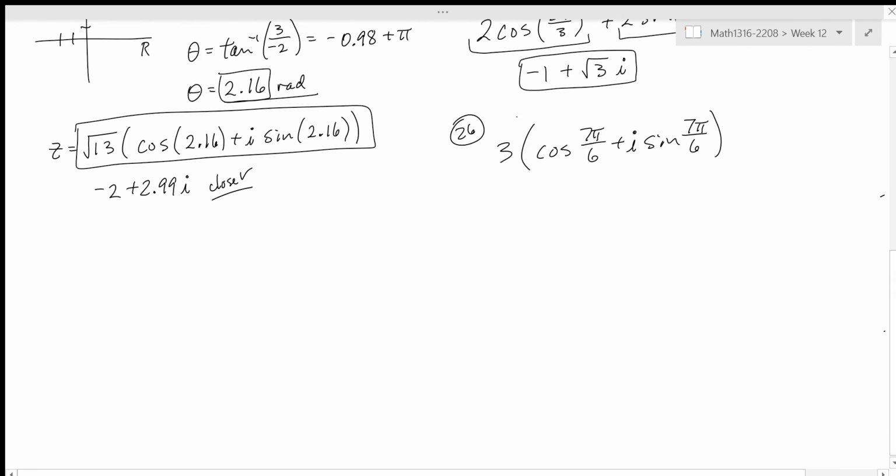And again, doing the distributive property, 3 cosine of 7 pi over 6 plus 3 sine of 7 pi over 6 I.